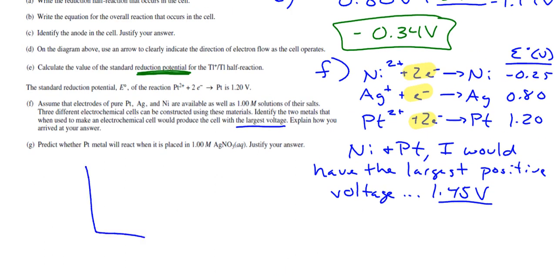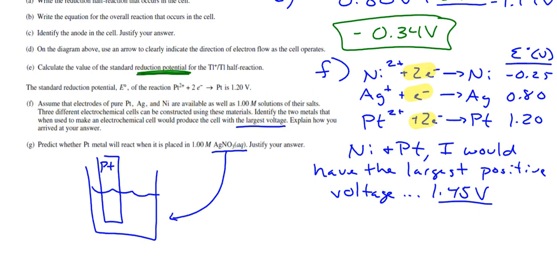If you have this, I would draw this out. They're saying if you put a stick of PT in a solution. So if that is a solution, what's actually present chemically? Like, what's the species? What does it look like?